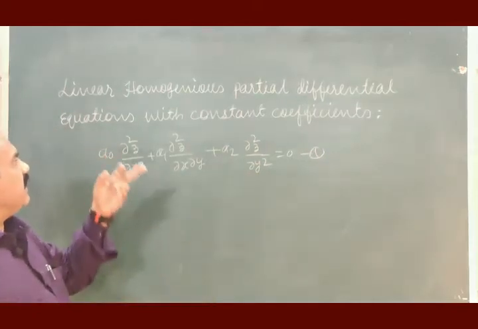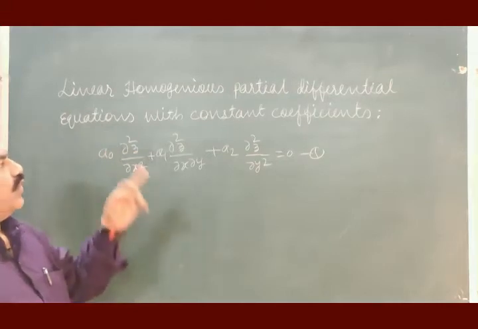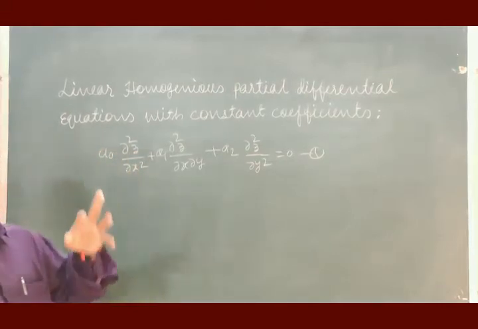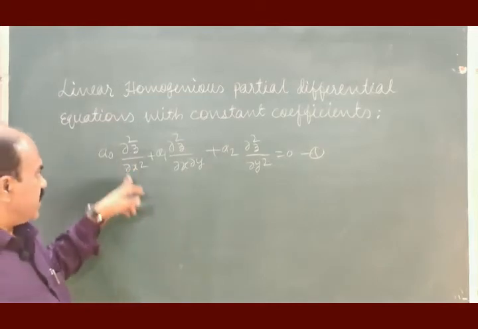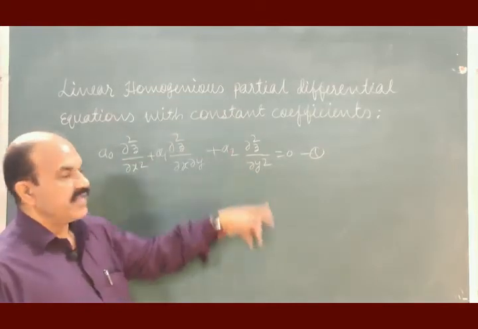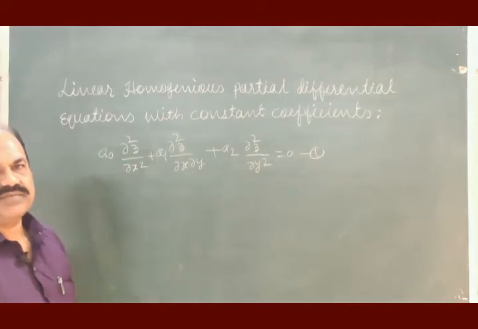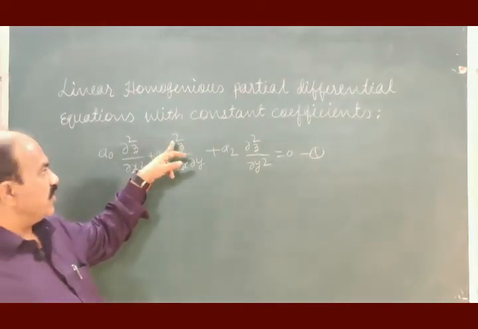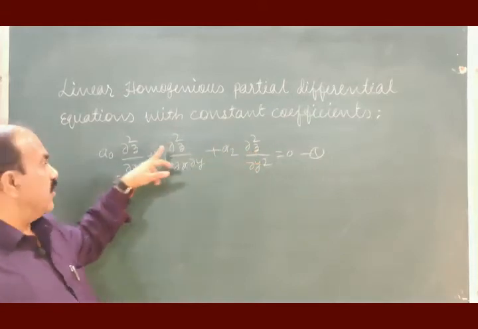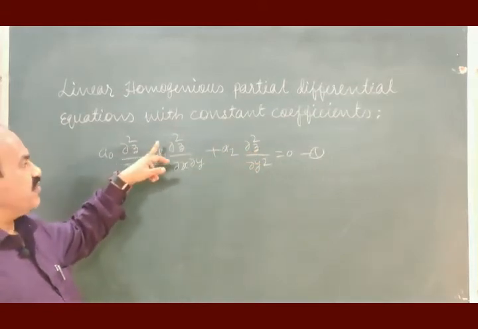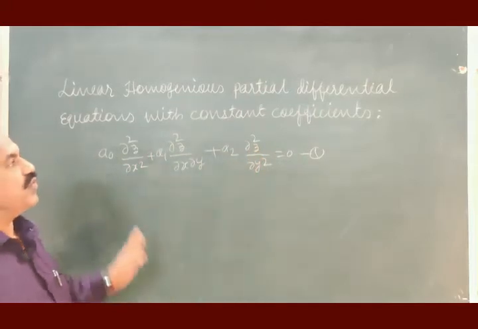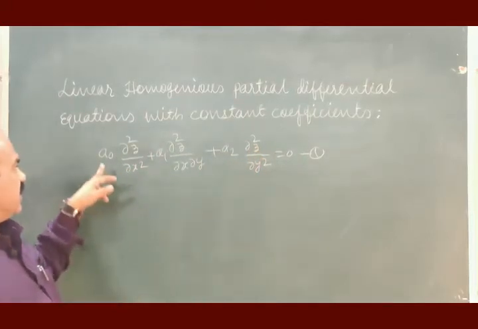What is the name of the article? Linear homogeneous partial differential equations with the constant coefficients. Partial differentiation, homogeneous: order 2, order 2, order 2. Order of differentiation is 2 in every term. So, homogeneous.